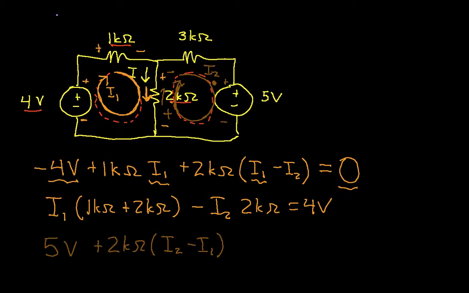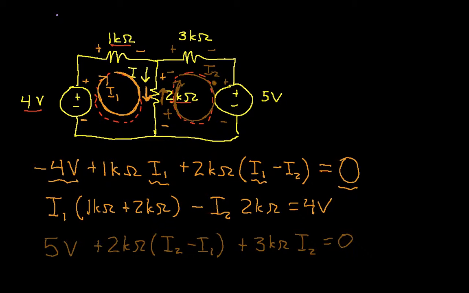Again, I get that by looking at the two virtual currents that are flowing through this resistor. And then finally, the 3K ohm resistor, I'll have plus 3K ohms times I2, and this will equal 0.